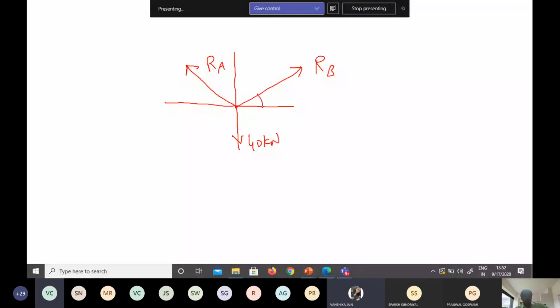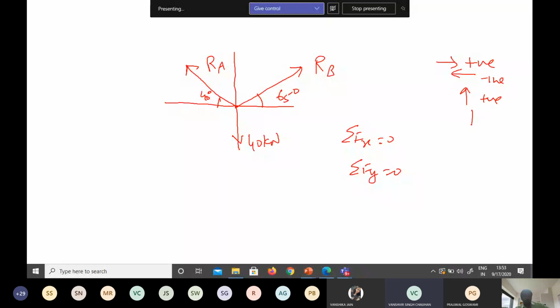This is 65, and another one is 40. See here, it's very simple. You have to apply summation Fx equal to 0, summation Fy equal to 0, meaning forces in this direction positive, negative. So just resolve here simply like that.